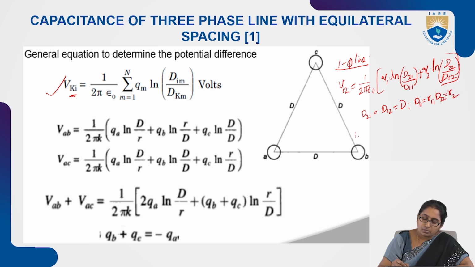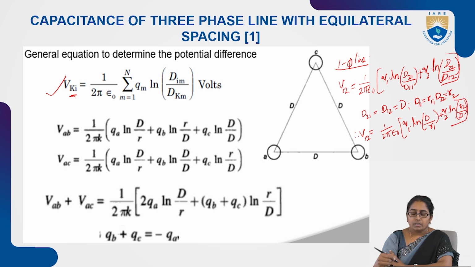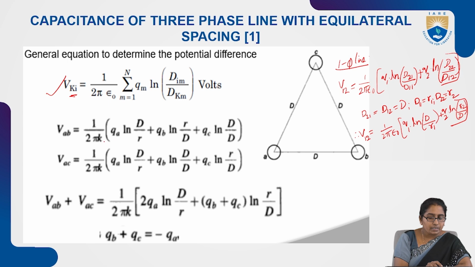So from this, the expression for V12 is 1 by 2 pi epsilon, Q1 log of D by R1 plus Q2 log of R2 by D.